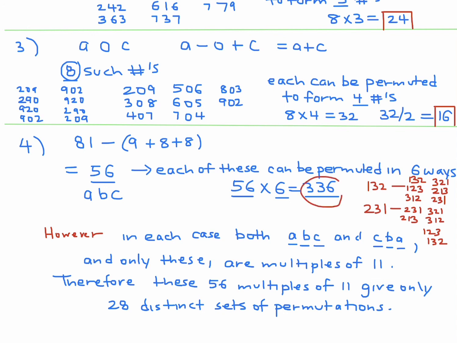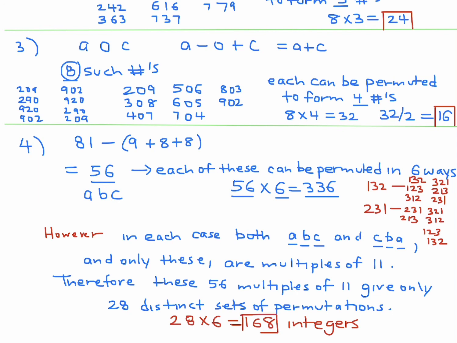So what we have to do is take this number and divide it by 2. So therefore, we have only 28 times 6, which is 168 integers with the required property.